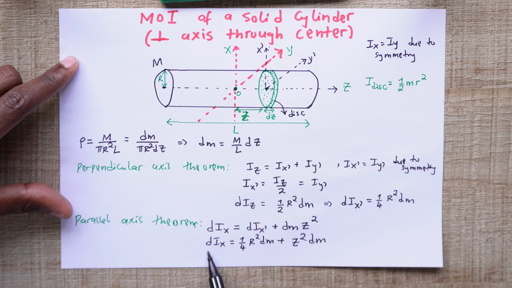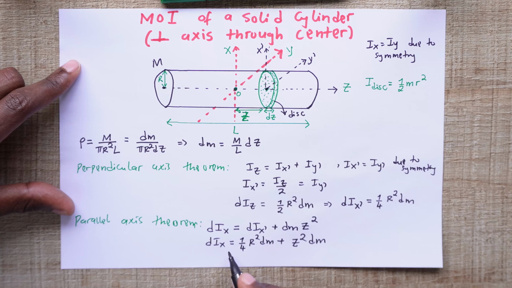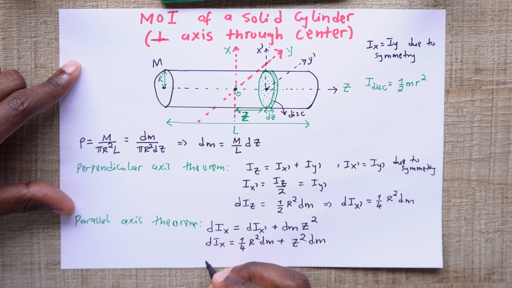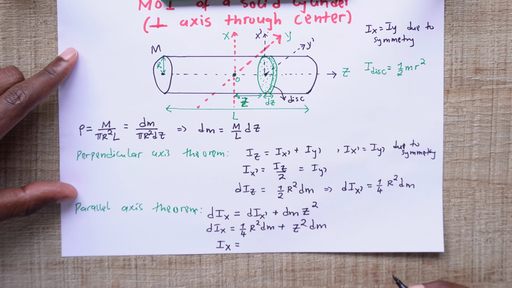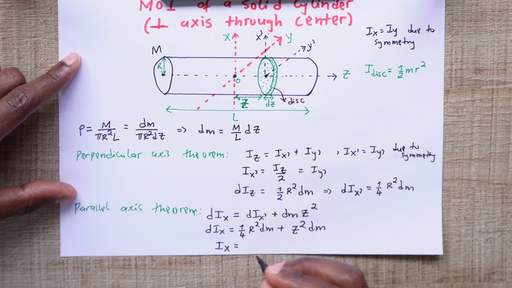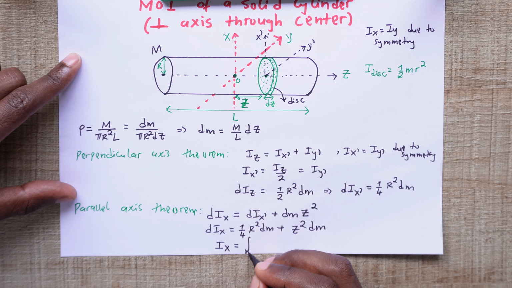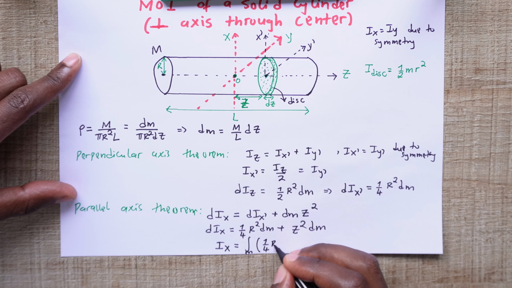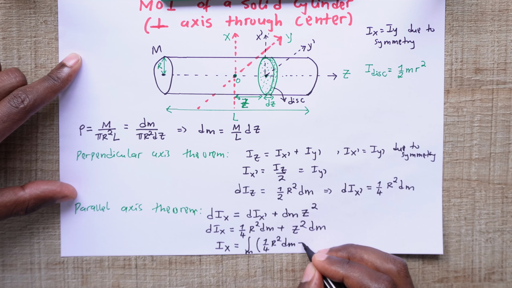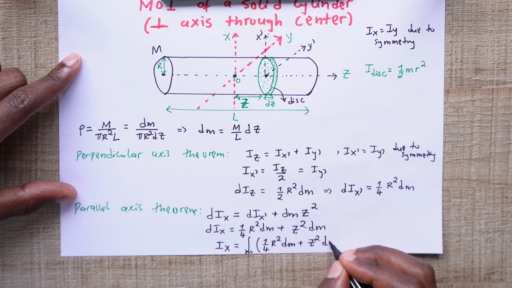So now what we can do if you want to get Ix is just to integrate all this expression. So Ix is just going to be the integral over the mass of this whole expression, 1/4 r squared dm plus z squared dm.